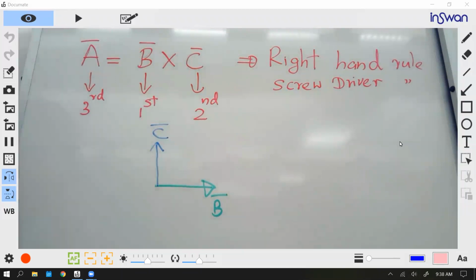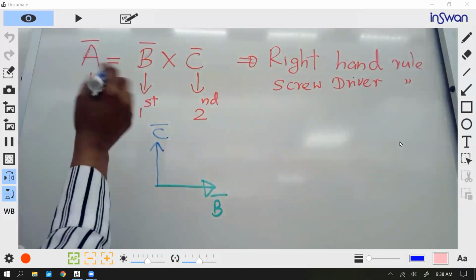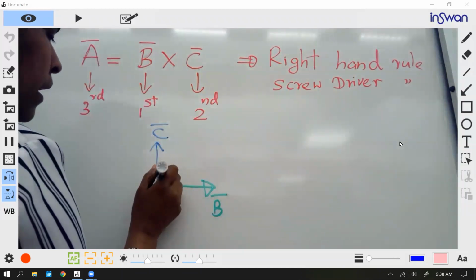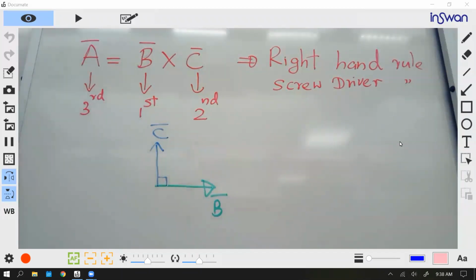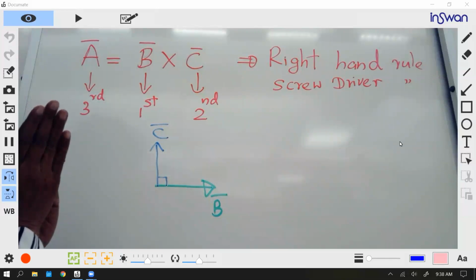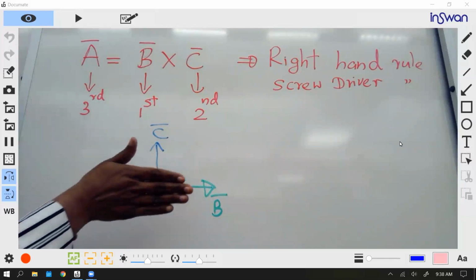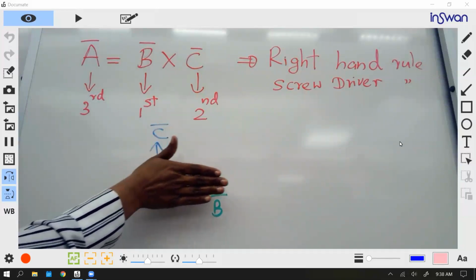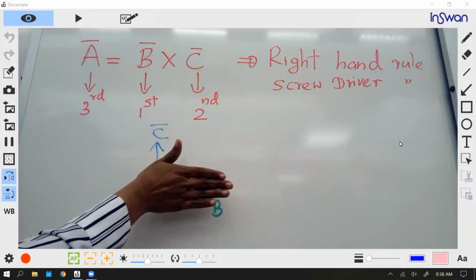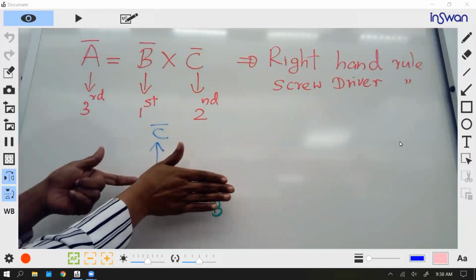So if somebody wants to find the direction of vector A, these two are perpendicular to each other, right? So now I need to find the direction of vector A. To do that, again, what is my first vector? It is B. So I point my fingers towards my vector B, right? So now my C direction should be upward, not into the board.